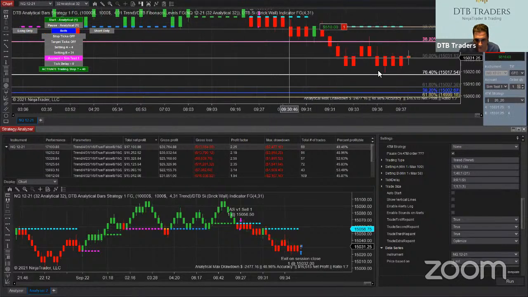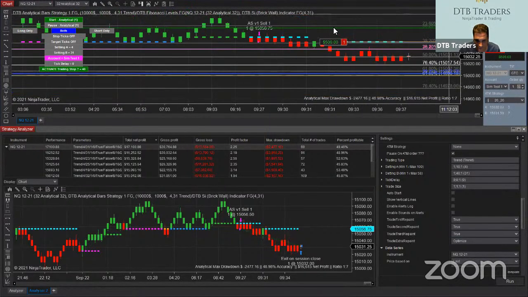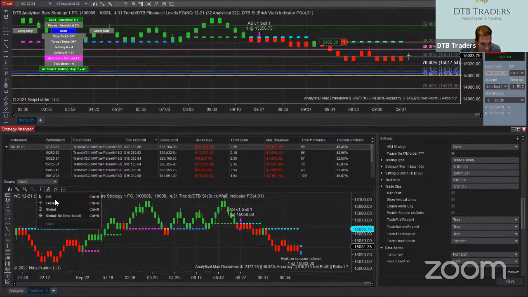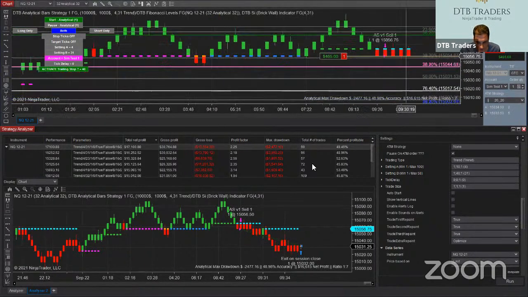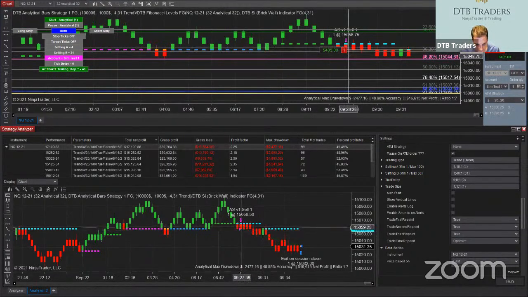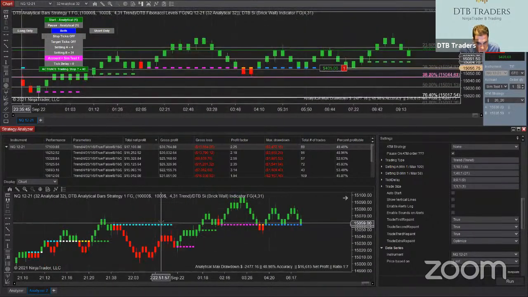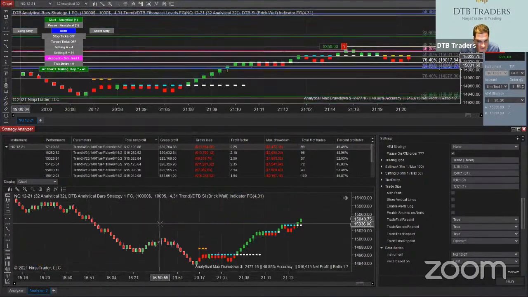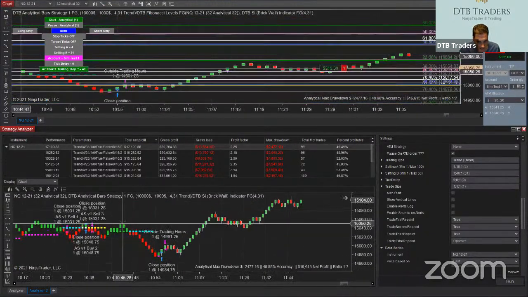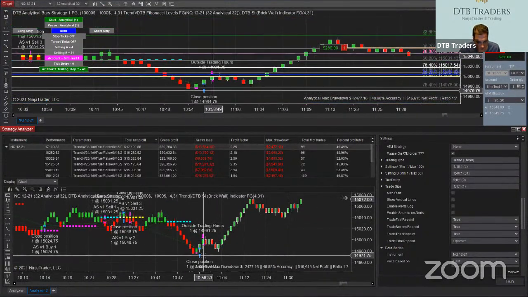If I click on this button over here, which is the crosshair, and I'm doing the same on my analyzer chart, I can basically pinpoint exactly where that trade, according to the analyzer, has entered. And you can do that for any trade in the history of the strategy analyzer, and you can compare it to the trading chart.